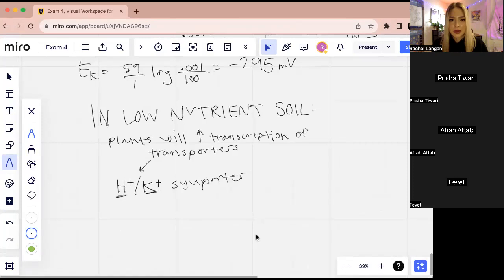And you should be prepared for, I've given the example of potassium, but this could be any cation or anion. So it could be chloride, could be nitrate, could be magnesium.